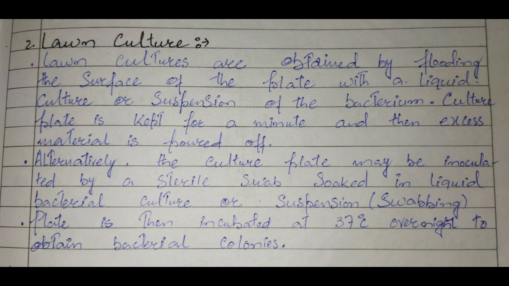Alternatively, the culture plate may be inoculated by a sterile swab soaked in liquid bacterial culture or suspension. The swabbed plate is then incubated at 37 degrees Celsius overnight to obtain bacterial colonies.